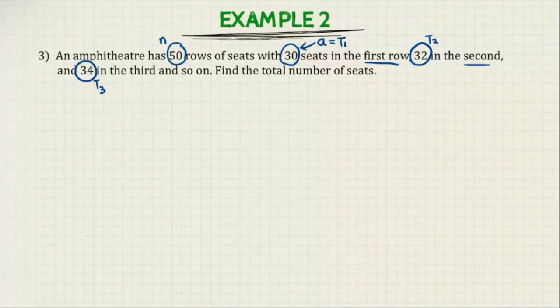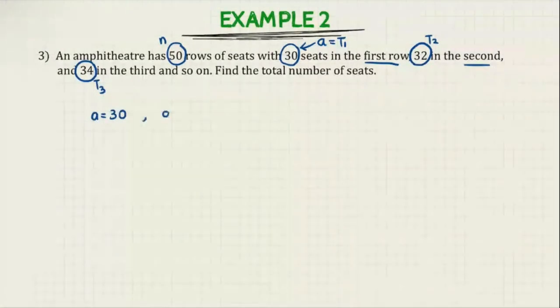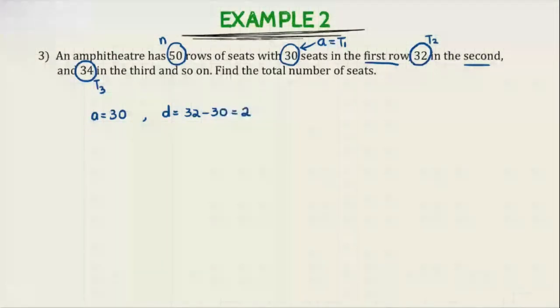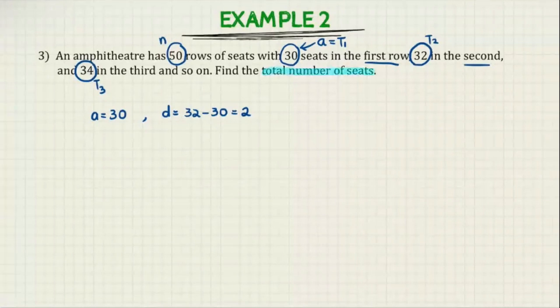So from here, kita boleh cari A sama dengan 30. D adalah bersamaan dengan 32 tolak 30. So saya dapat 2. Okay. So soalan ni minta apa sebenarnya? Find the total number of seats.